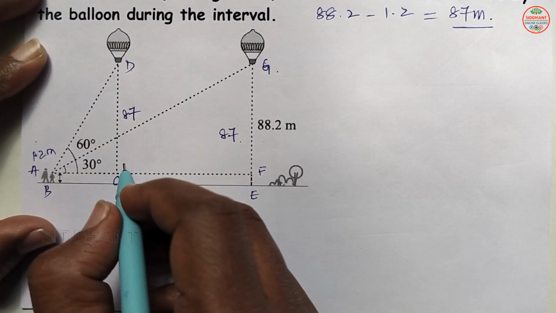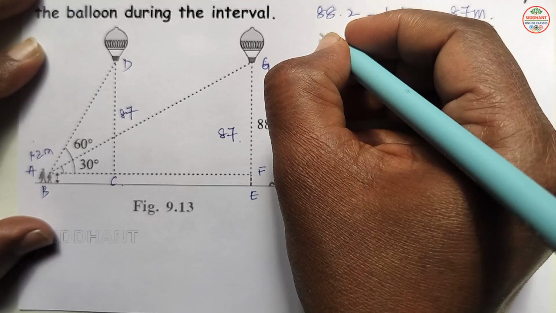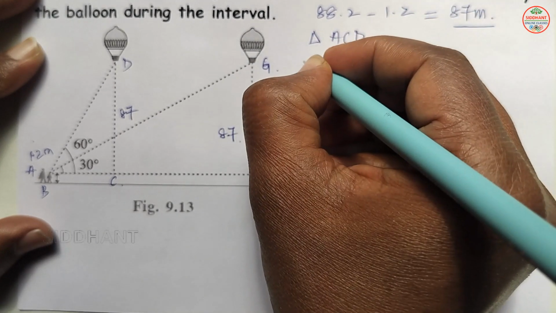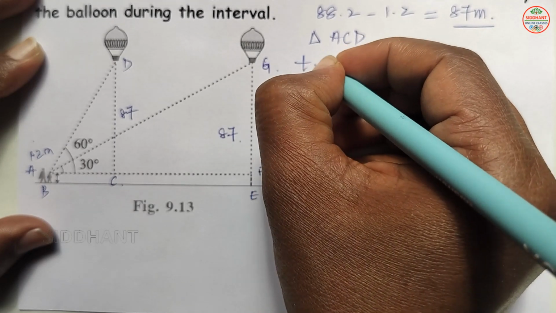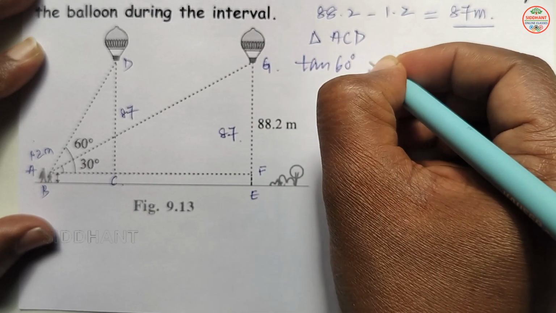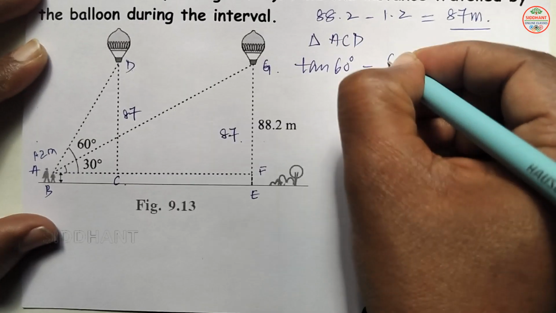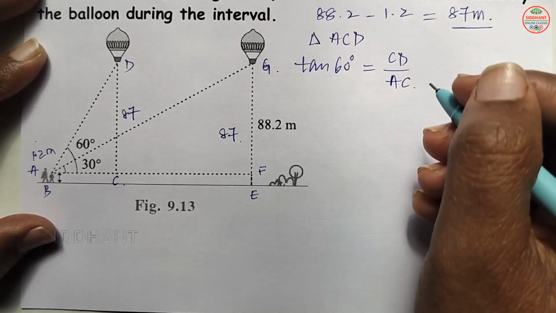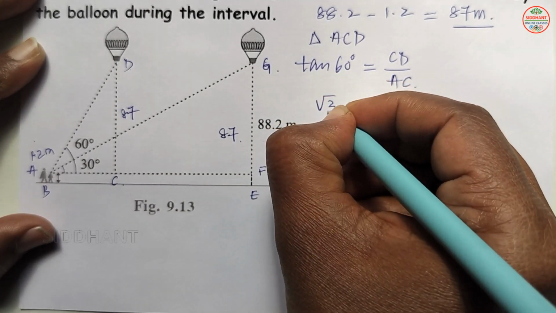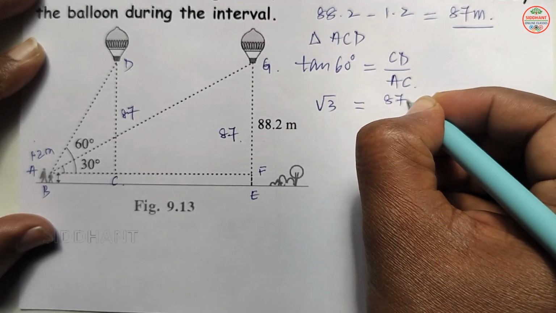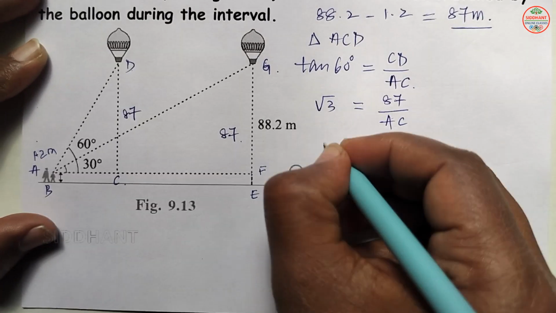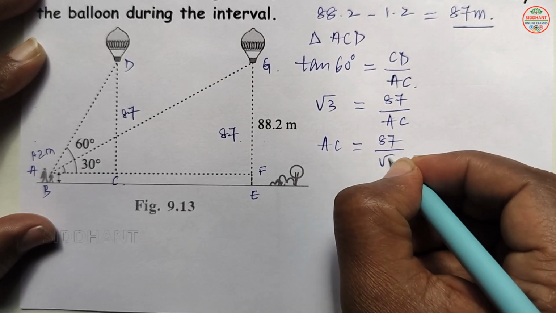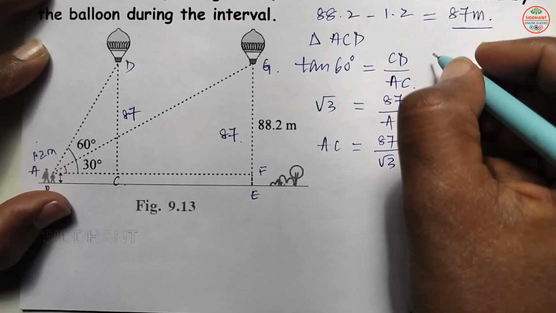So now we take triangle ACD here. When we take triangle ACD, we take tan 60. That will be CD by AC. Tan 60 we know is root 3, and CD is 87 by AC. So AC equals 87 by root 3.